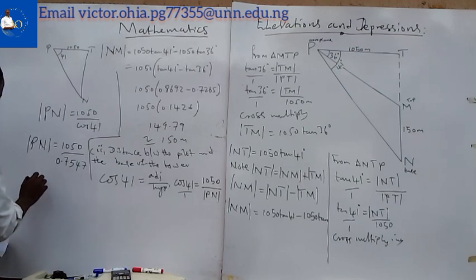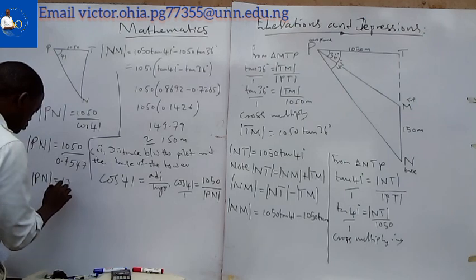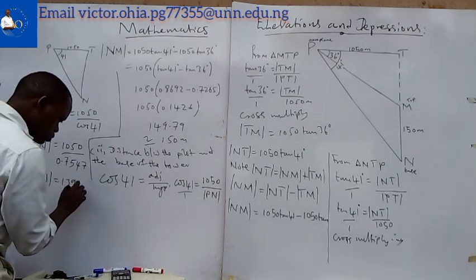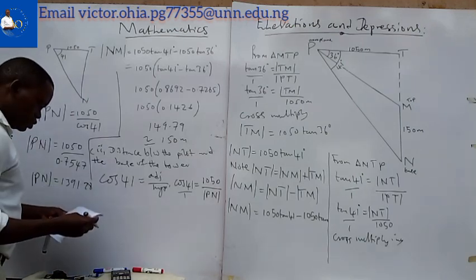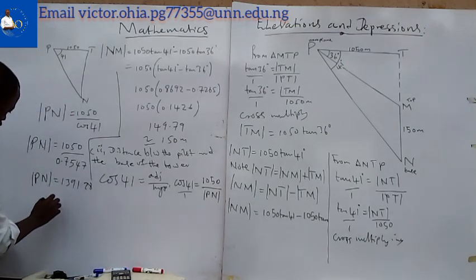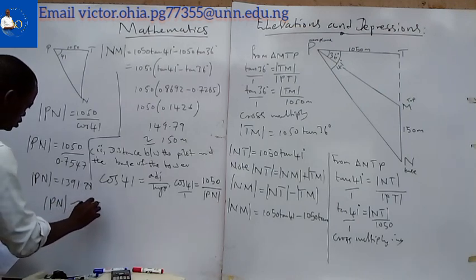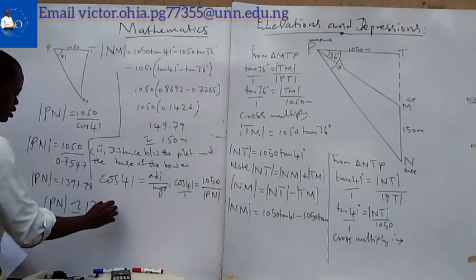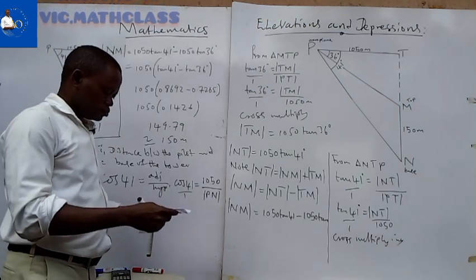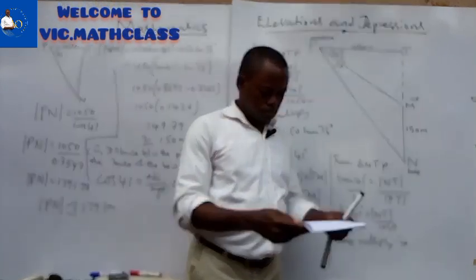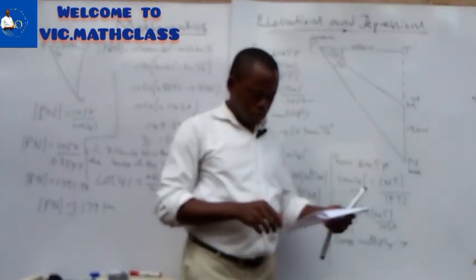So PN is equal to 1391.28. But they say to the nearest meter. So this is PN to the nearest meter, approximately 1391 meters.